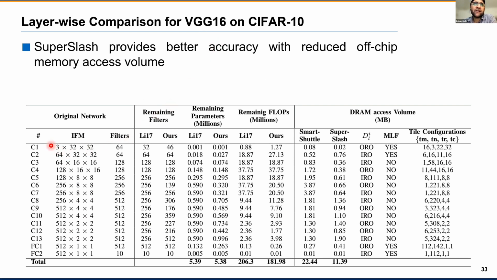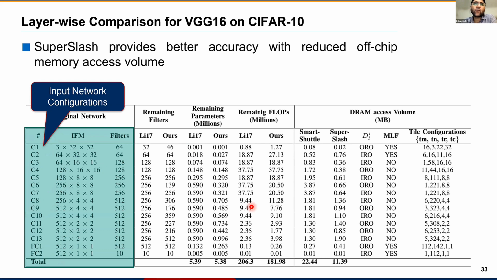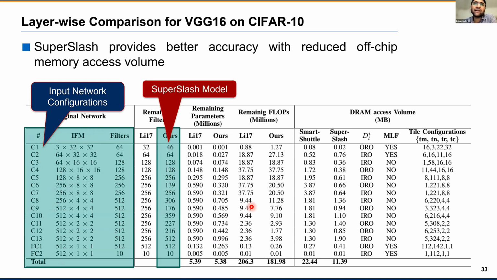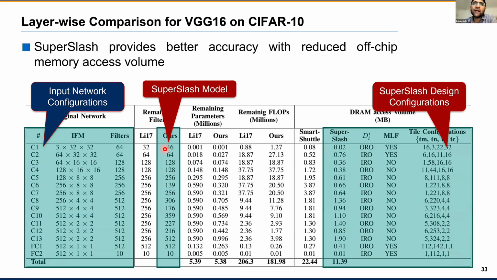And what this slide is really showing is the details of the network and the layer-wise pruning details, right? So it is the detail of the network, and afterwards we have the details of the filters which have been removed and the FLOPs which have now been reduced.